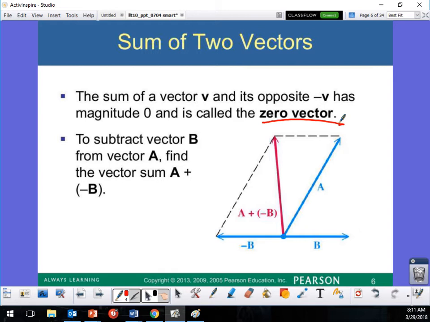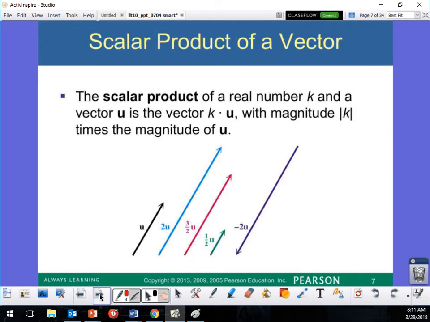Okay. So really not subtracting, you're adding the opposite. Yeah, it might make sense. Here: a scalar, a real number k, and a vector u is the vector k times u. Scalar is a multiple. So I'm going to multiply my vector.